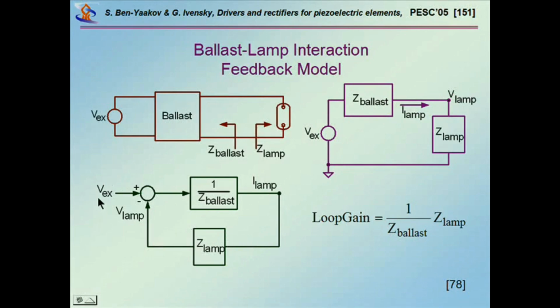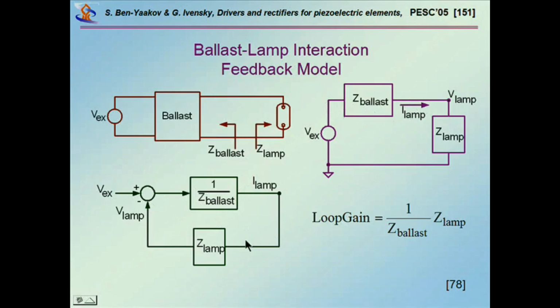What do we see here? This is the excitation, minus the voltage on the lamp. The difference is the voltage on the ballast. Divided by the ballast impedance, the difference is the current. Here is the current coming in.